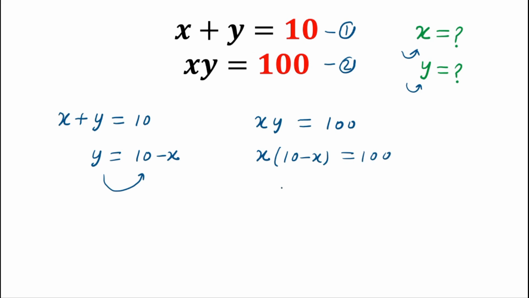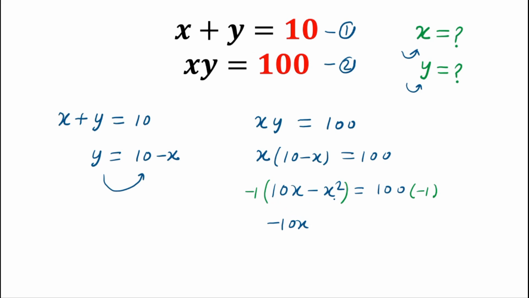x is multiplied by 10 minus x, then you will get 10x minus x square equals 100. In the left hand side the coefficient of x square is negative, so multiply both sides by minus 1. Minus 1 multiplied by 10x gives minus 10x.